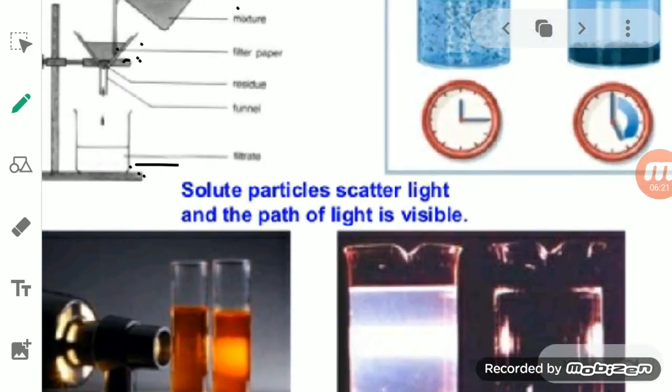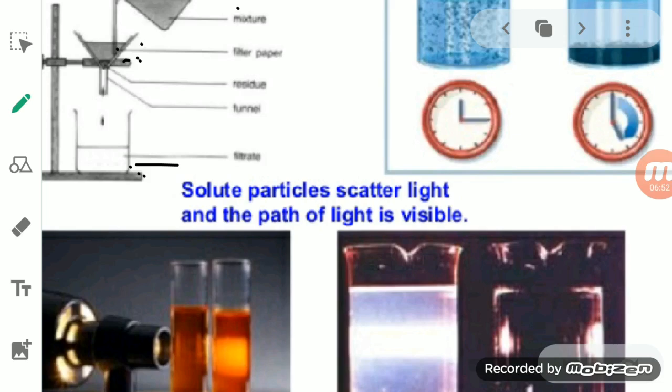The solid particles scatter light and the path of the light is visible. Basically, if you pass a beam of light through muddy water, or through a chalk and water suspension, you find that the particles scatter the beam of light, making the path visible inside it.